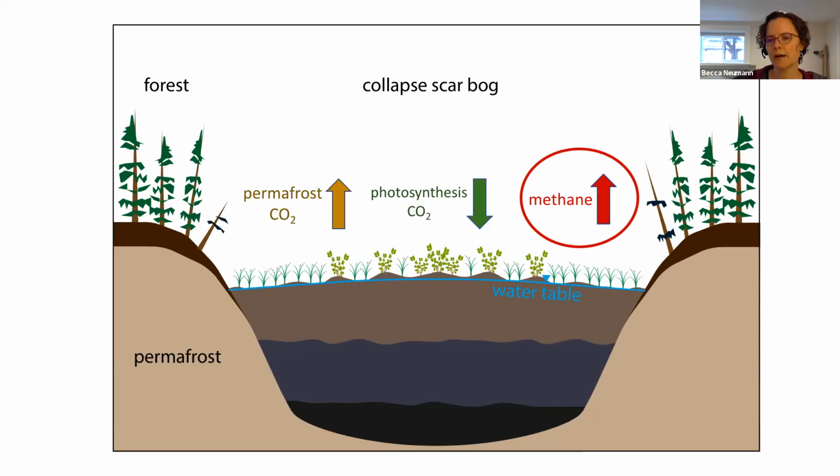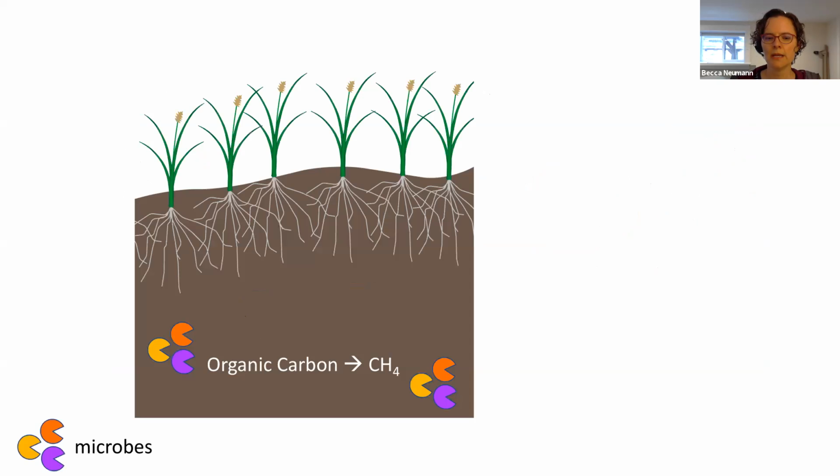And so I would argue that on the time scales that we're thinking about in terms of setting climate policies and running climate models, methane is really often the control on what the radiative climate forcing is associated with this type of landscape transition. So a quick primer on methane. In these anaerobic wetland soils, organic carbon can get converted into methane through a whole consortium of different microbial communities.